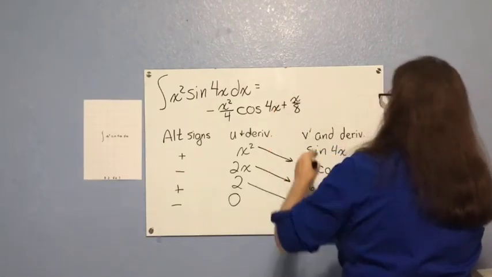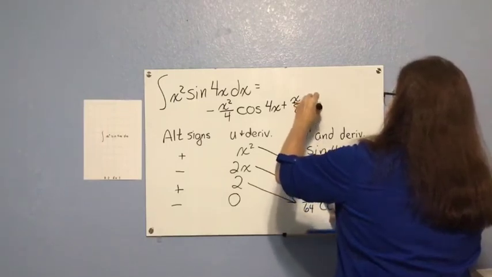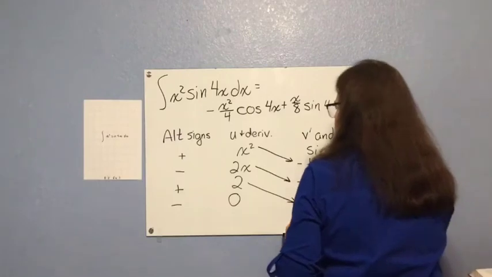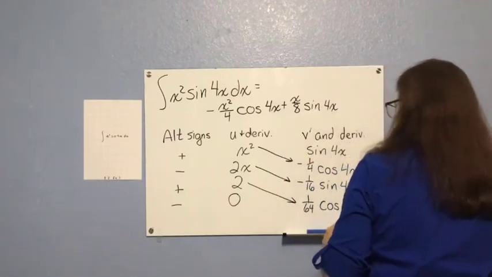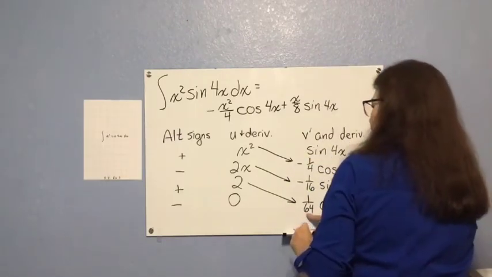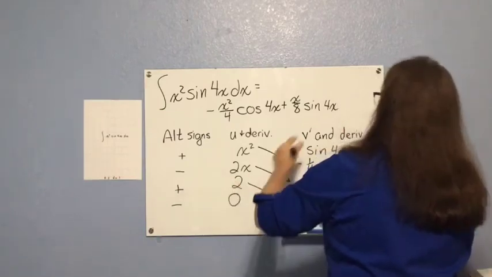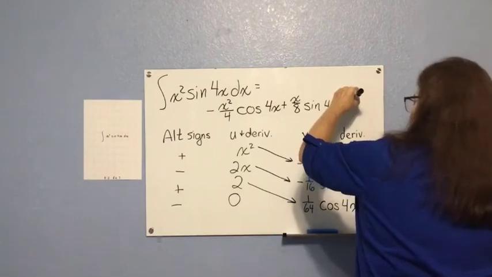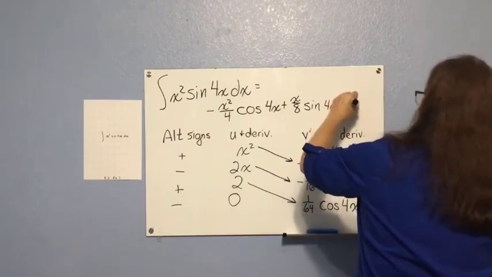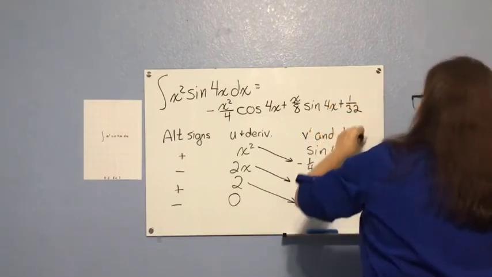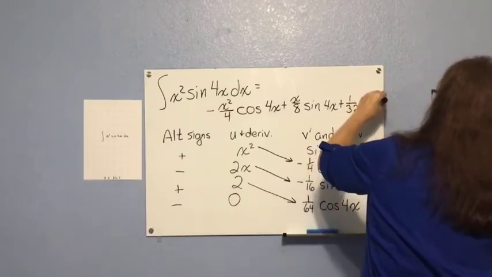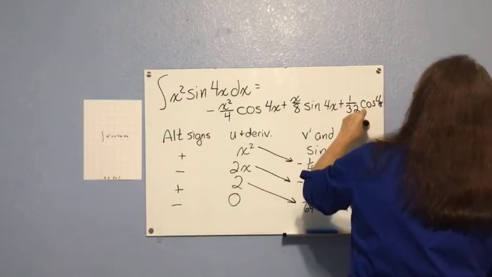So x over 8 sine 4x. And then my last term, I've got 1 over 64 here, a positive 2, so this is going to be plus 1 over 32 cosine 4x. And don't forget the constant.